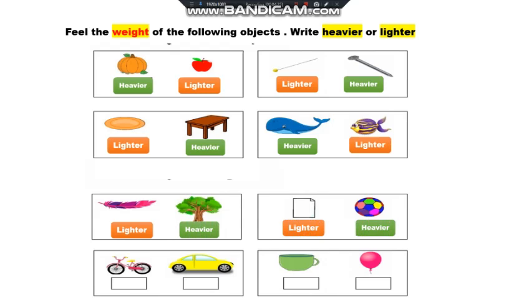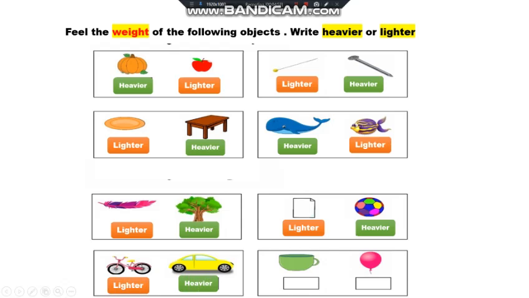The seventh picture is a bicycle and a van. Do you like bicycles? A bicycle is light in weight, that is lighter, and a van is heavy in weight, we cannot push the van, therefore the van is heavier. The last picture is a cup and a balloon.